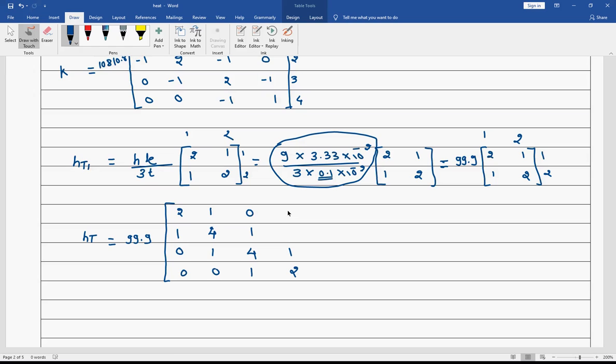So this is the additional stiffness added because of the convective load, the global stiffness matrix due to convective heat transfer. Just let me know whether you understood this, with rows and columns 1, 2, 3, 4.